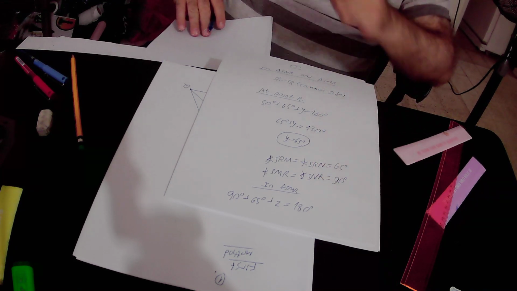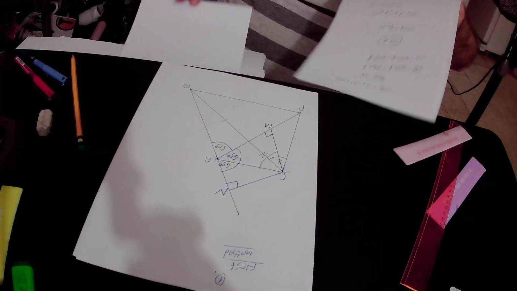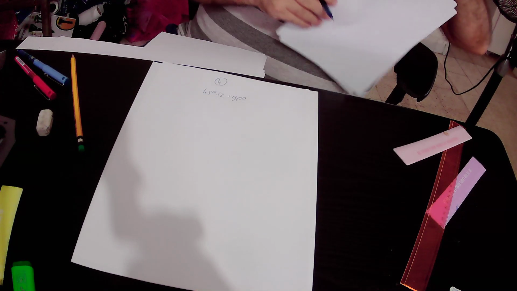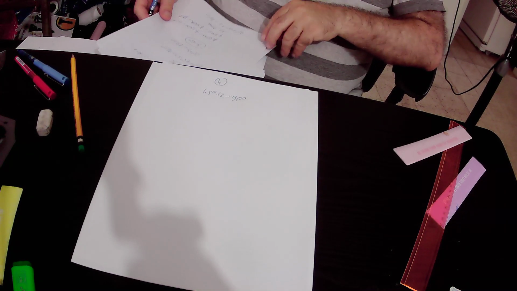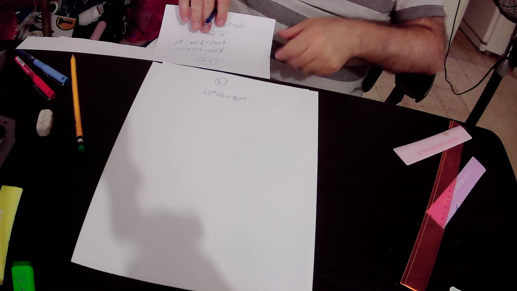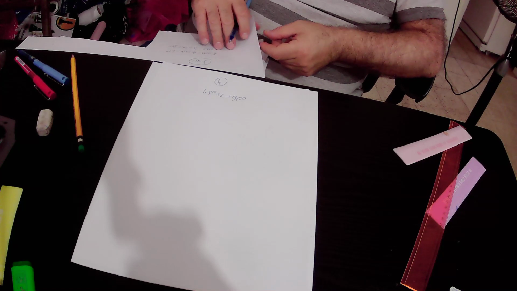So we got that 65 degrees plus the size of angle Z equals 90 degrees.